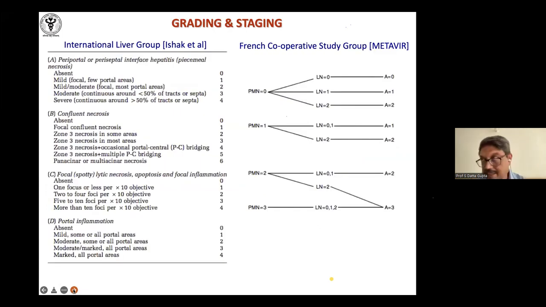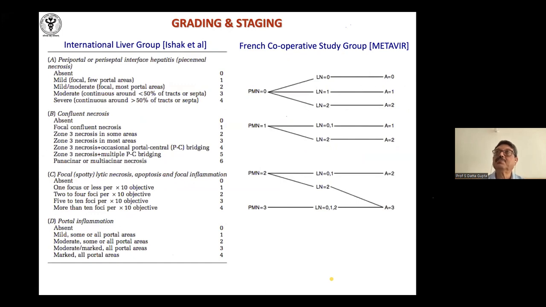So then later on, when we realized that fibrosis and inflammation are two separate things, although one leads to another, everybody sat together and thought that in malignancy, we grade the malignancy as well as stage the malignancy.